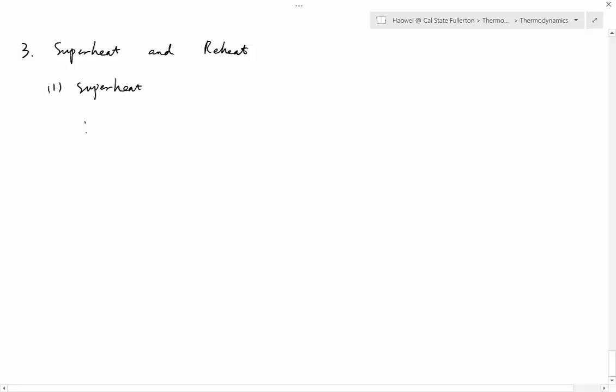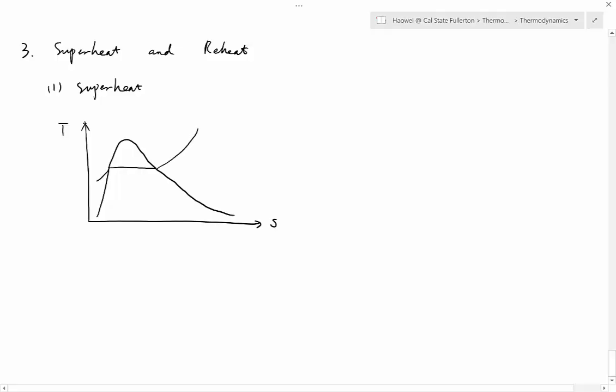What is superheat? Let's explain that from this diagram. T versus S diagram again. Vapor dome first. Two constant pressure lines.